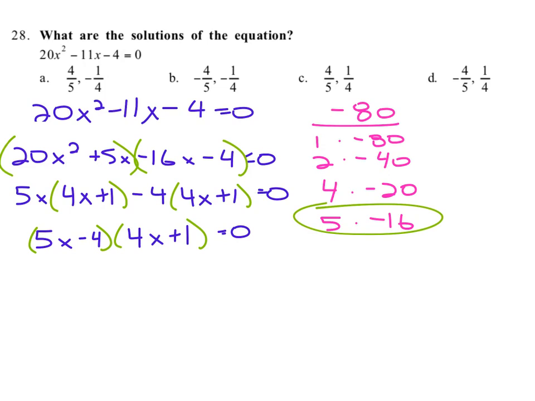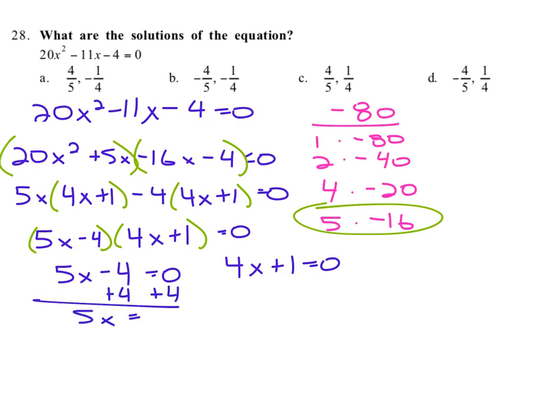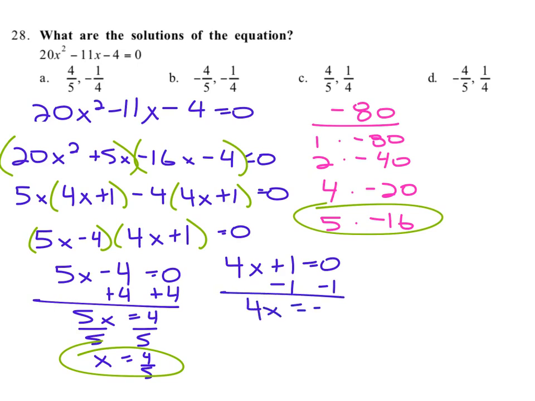And for the solutions, then we're going to take each piece and set it equal to 0. 5x minus 4, 4x plus 1, x equals 4/5, or x equals -1/4.